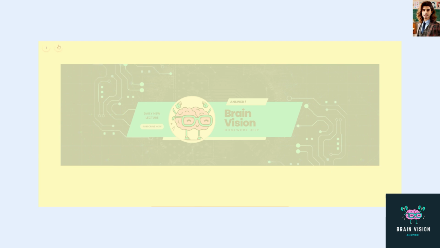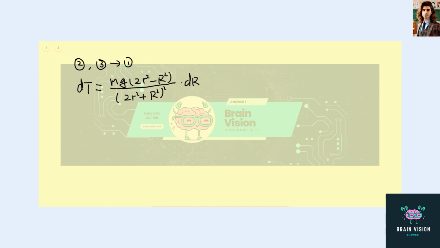Now, if we plug equation number 2 and equation number 3 into our first equation, we can get dT is equal to mg (2r² − R²) divided by (2r² + R²) squared, multiplied by the differential of R, subtracted by 4mg R r divided by (2r² + R²) squared, multiplied by the differential of r.